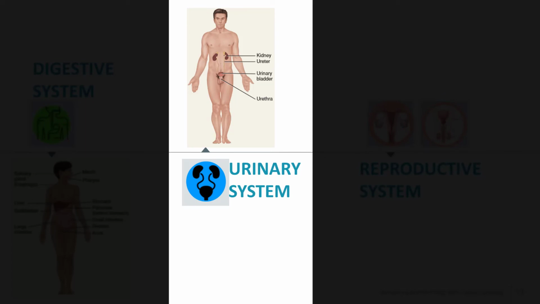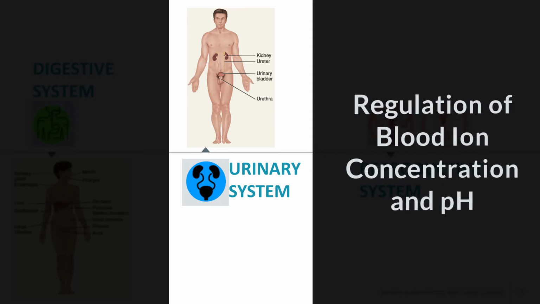In addition, it regulates blood ion concentrations by regulating the blood levels of several ions, most importantly sodium, potassium, calcium, chloride, and phosphate ions. It also helps regulate blood pH by excreting a variable amount of hydrogen ions into the urine and conserving bicarbonate ions, which are an important buffer of hydrogen in the blood.